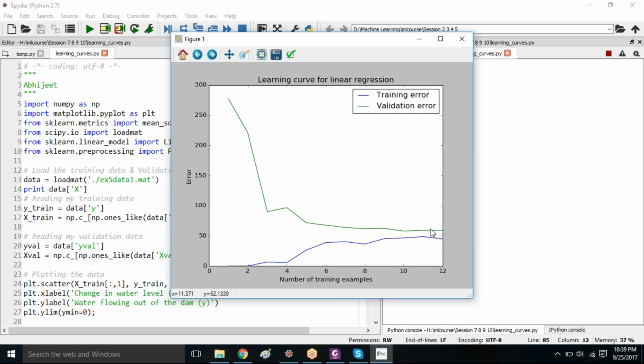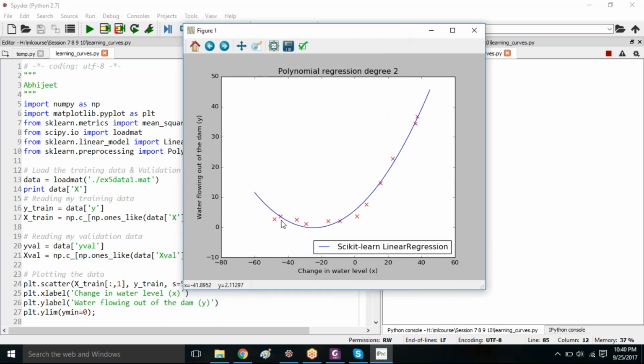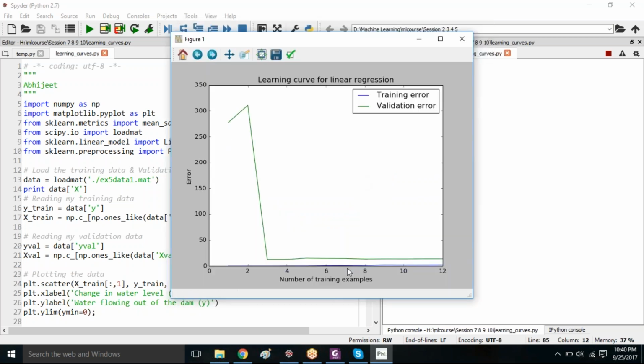That's one case. Now in the second case, we have taken a polynomial regression of degree 2, where this line is fitting my 12 training points, and of course on the validation set also it will perform very good like this, right? So the training error is very less and the validation set also has very less error, although there is a difference between validation and training.